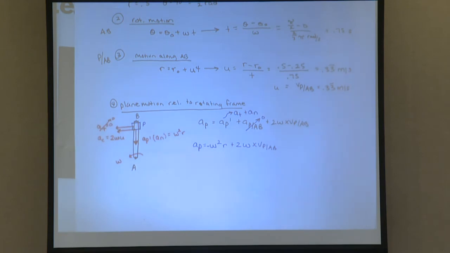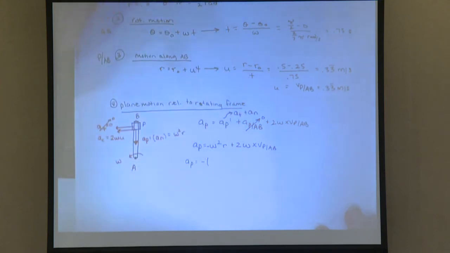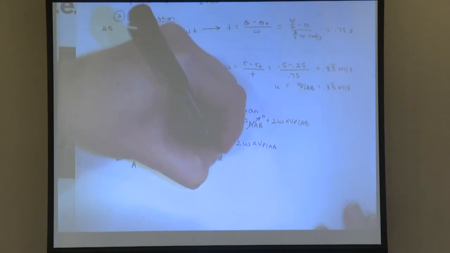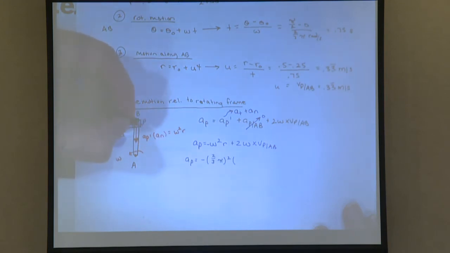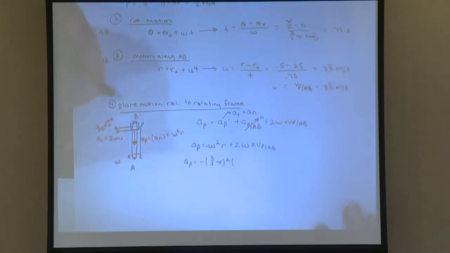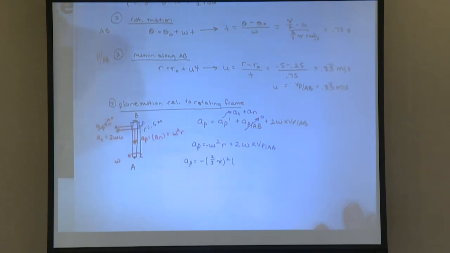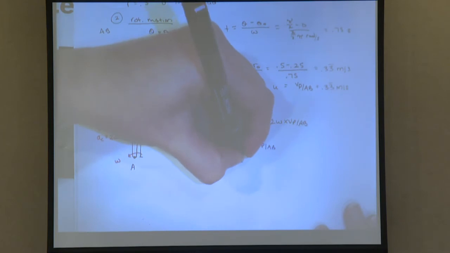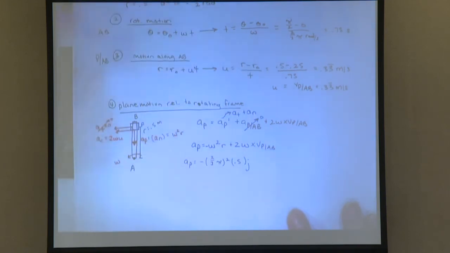So now we just plug everything in. So we have AP is equal to negative omega, which is 2 over 3 pi, and that's squared, times the R. Sorry, I forgot to write that down. The distance from A to B is going to be 0.5 meters. So this is 0.5, and this is acting in the negative j direction.